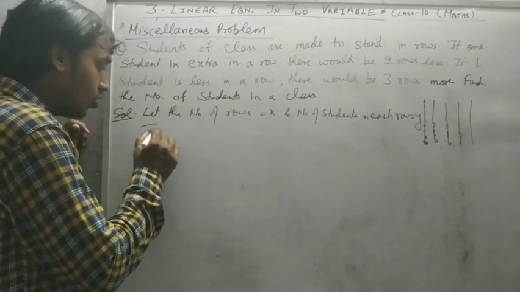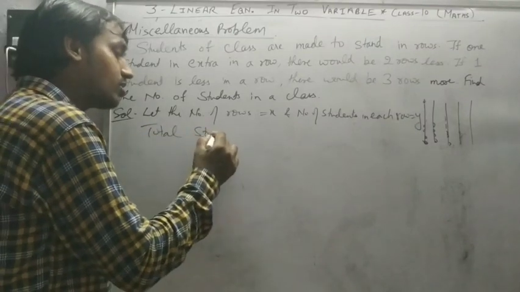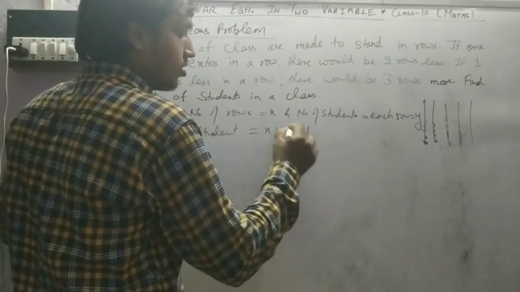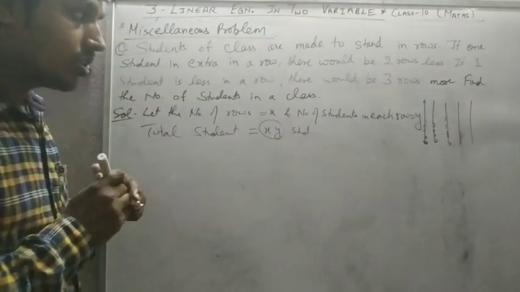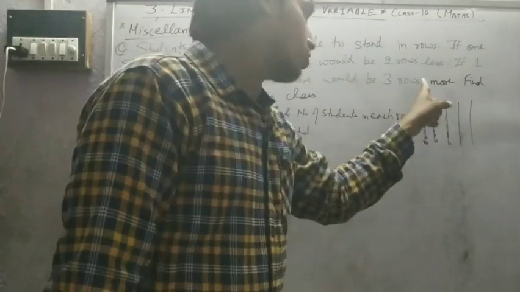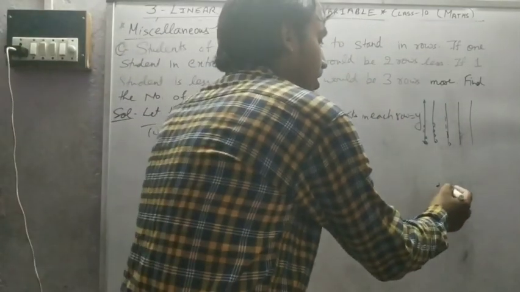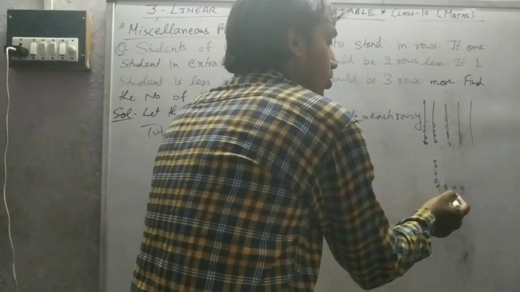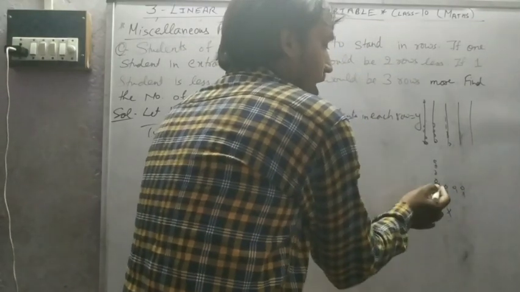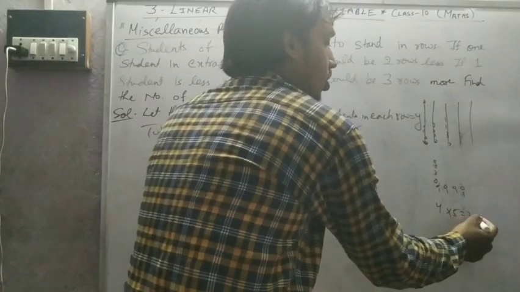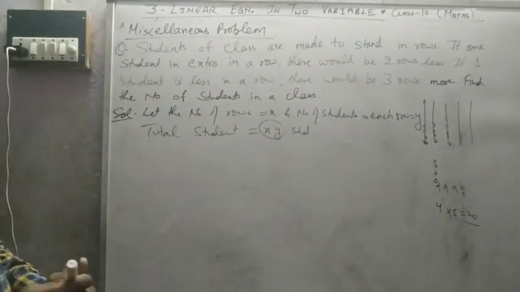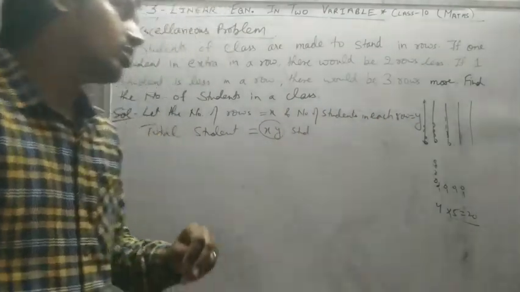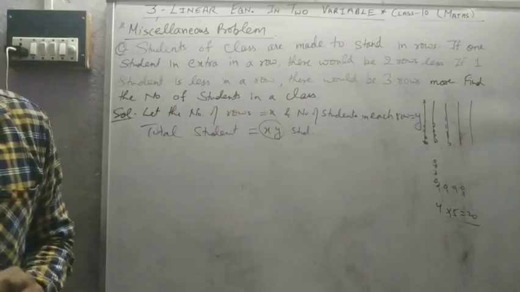So total students xy, because rows into number of students, just like if I say 1 2 3 4, 4 rows and each row contains 5 students, so 20 students. So same here, x rows and each row contains y students, so total students xy.